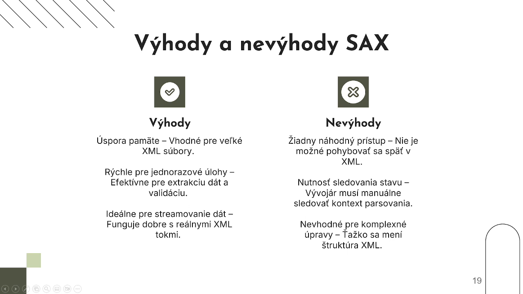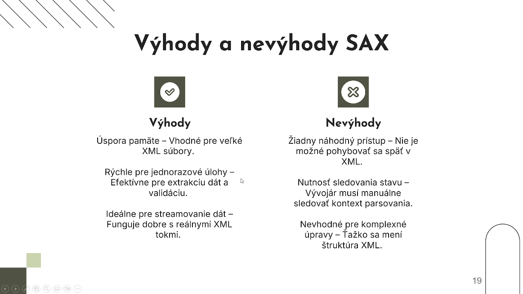So what are the advantages and disadvantages of SAX? The most important is memory efficiency, meaning SAX does not store the entire XML file in main memory, so it is suitable for large files. It is also fast because we do not store it.